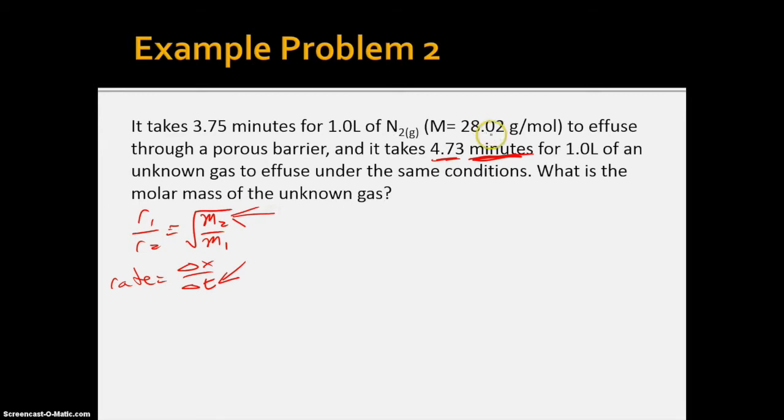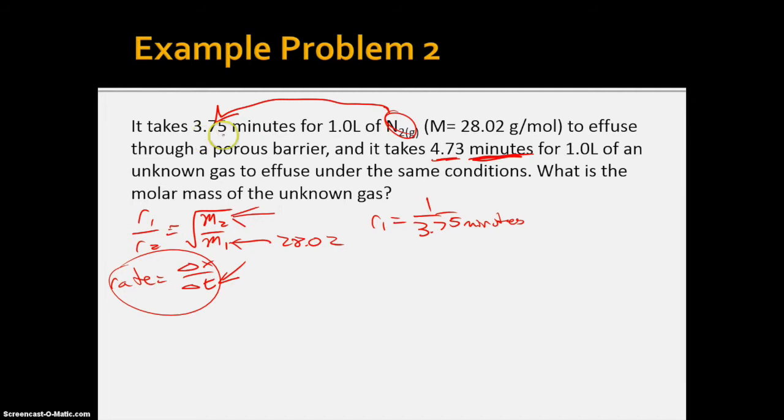And you're given molar mass, which is 28.02, and the 28.02 is for nitrogen gas. So nitrogen gas applies to that 3.75 minutes, and so your R1 rate will be 1 over 3.75 minutes, and you have to keep it 1 over time, because that's how a rate is.